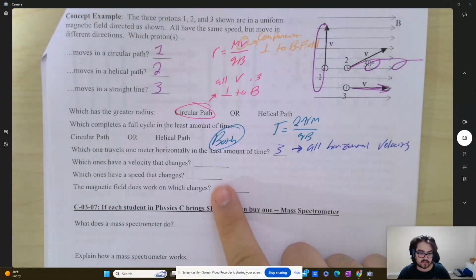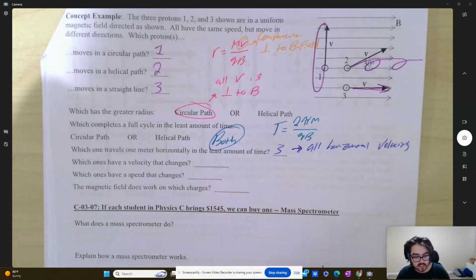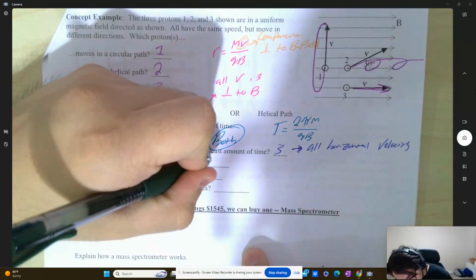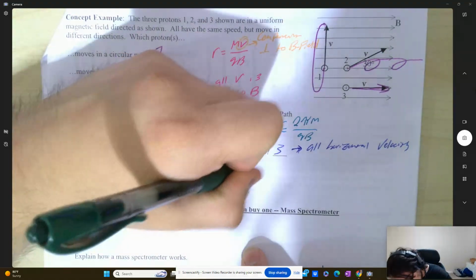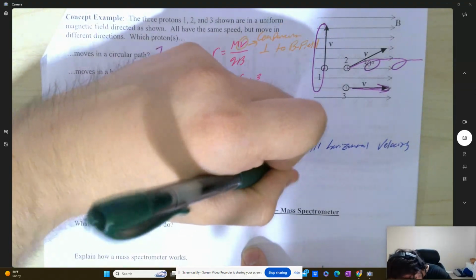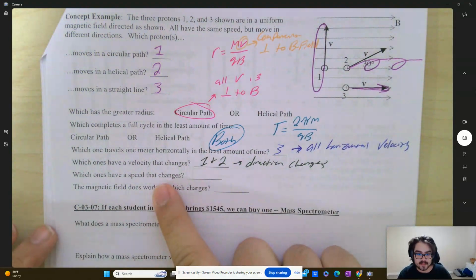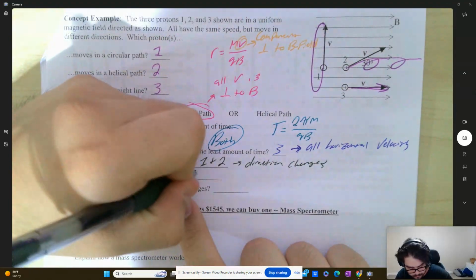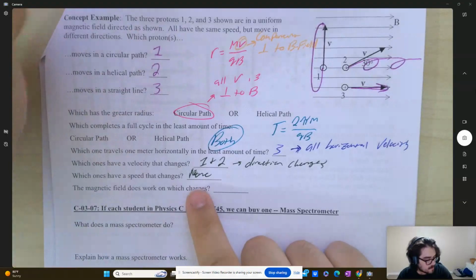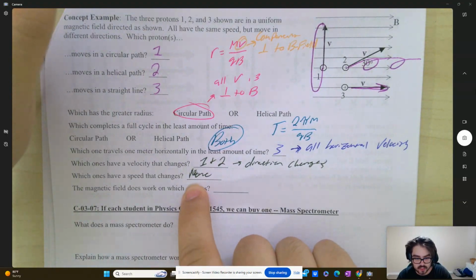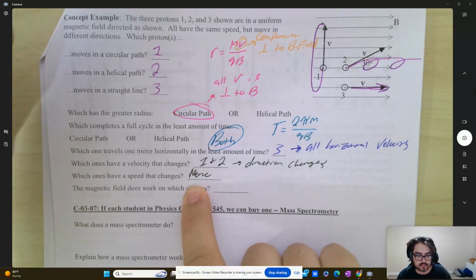Well, 1 and 2 have a velocity that changes, even though the magnitude isn't changing. The direction is changing. Which one has a speed that changes? None of them, because the B field cannot change the magnitude of velocity. It can only change the direction.